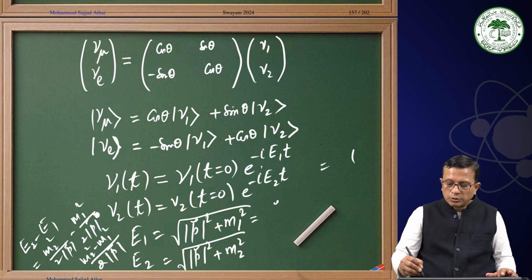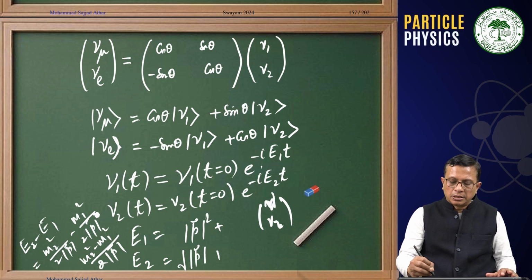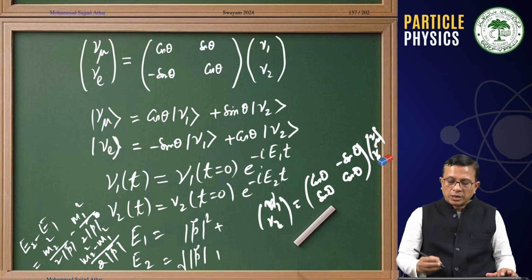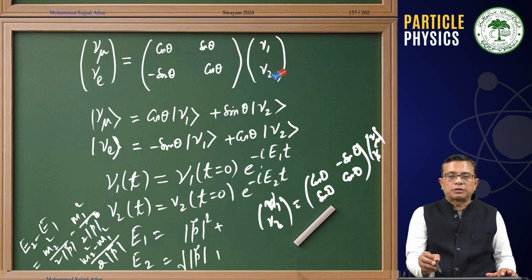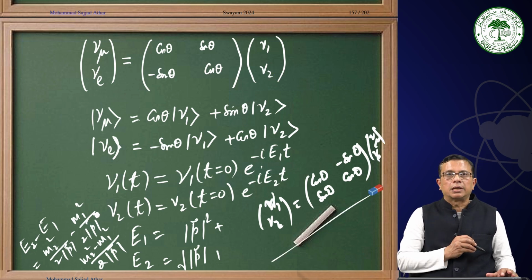And how that would look is simply: nu1 nu2 inverse transformation will be equal to cos theta, minus sin theta; sin theta, cos theta, times nu mu, nu e. Therefore, here we had started with this transformation matrix, and then we are writing the inverse transformation matrix. Why have I written this equation?